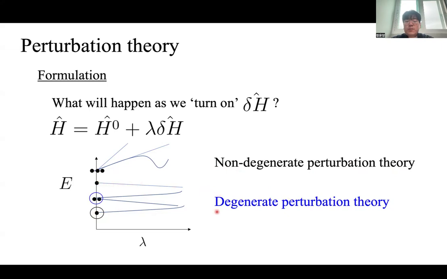Then we also have what's called degenerate perturbation theory. This starts from a degenerate situation where I have at least two states with the same energy. Then I'm going to solve the problem and see how that changes things. Later on, we'll see why you need to divide it into these two situations. But for now, just assume that I have non-degenerate perturbation theory and degenerate perturbation theory. Okay?